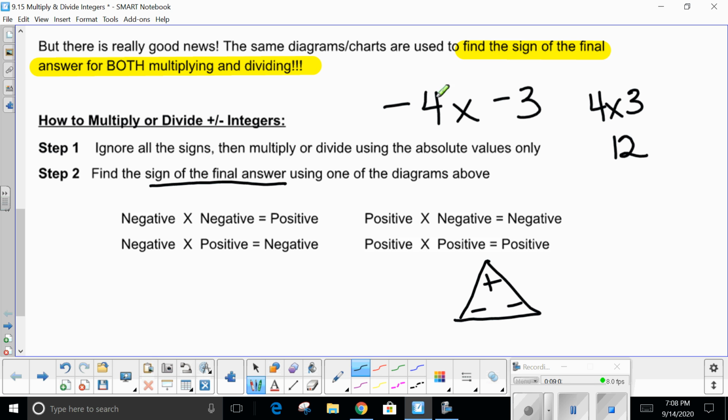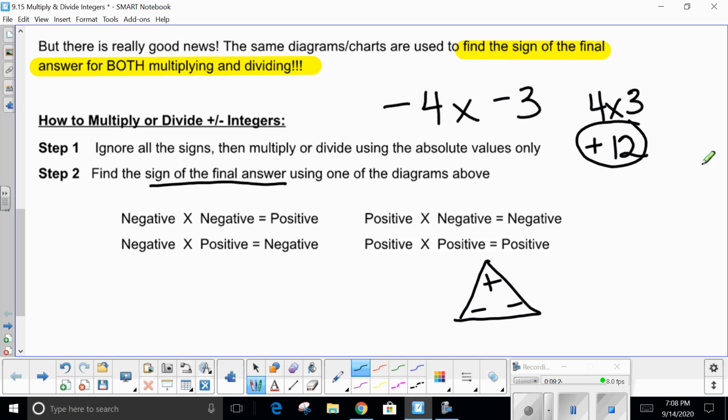So I look up here and I see that I have a negative times a negative. So I come down to my triangle. A negative times a negative means my answer has to be positive. So for -4 times -3, my answer would be positive 12.